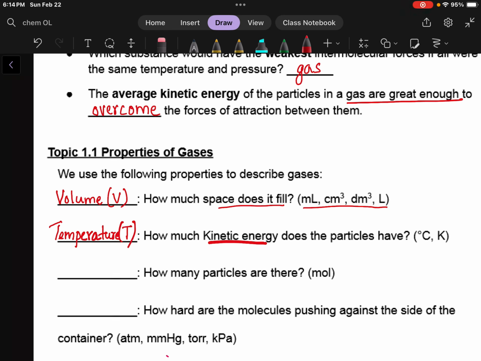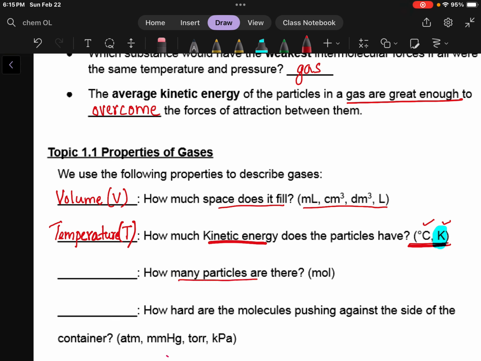It is represented by the letter capital T. We know that we use Fahrenheit as a common unit, but in chemistry, or in all science, we use the metric units, degrees Celsius and Kelvin. And Kelvin is the one we use in calculation. So you will see degrees Celsius in a question, but the number going into the calculator must always be in Kelvin.